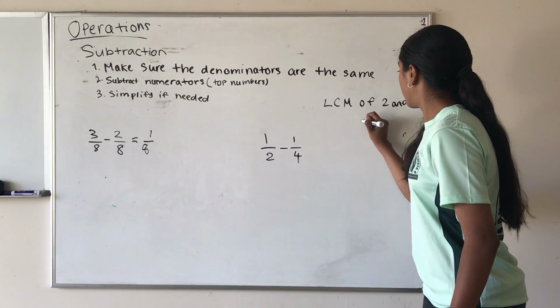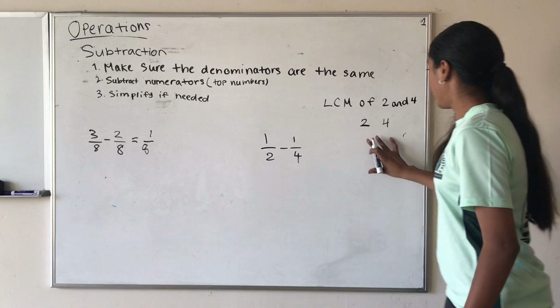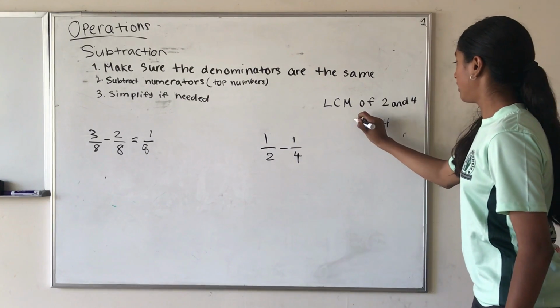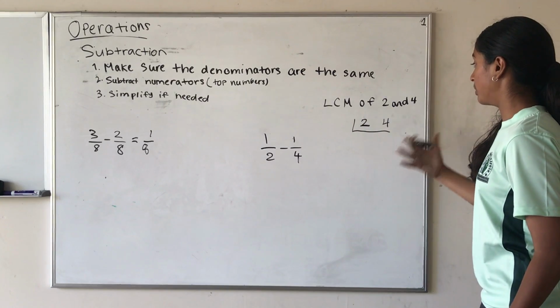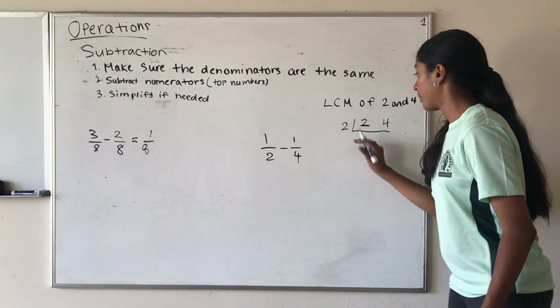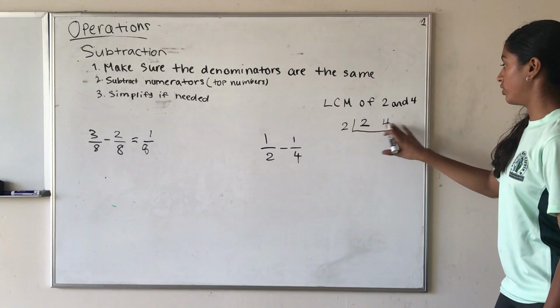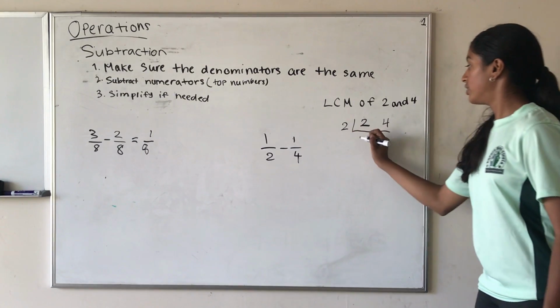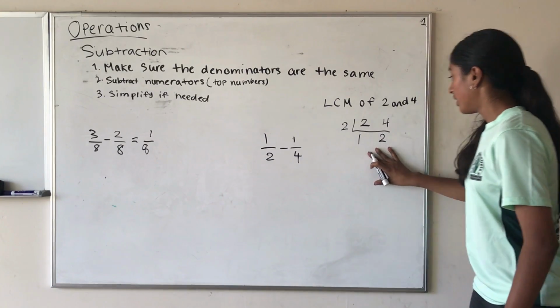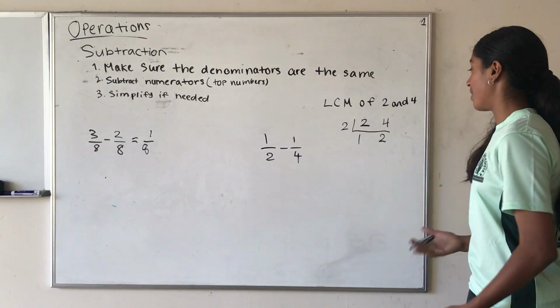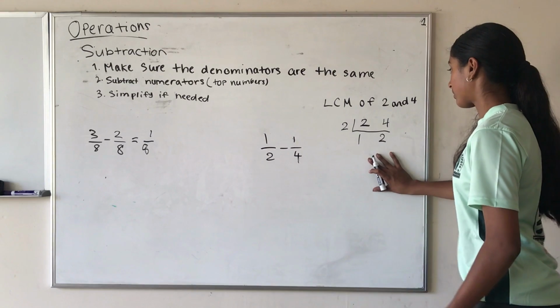As we learned before, first you write the two numbers, then you draw an L. And the smallest prime factor that's common between 2 and 4 would be 2. And then you divide 2 into the two numbers. So 2 divided by 2 is 1, and 4 divided by 2 is 2. Since 1 and 2 don't have any prime factors in common, we're done.